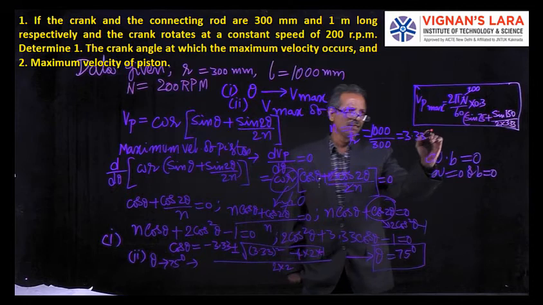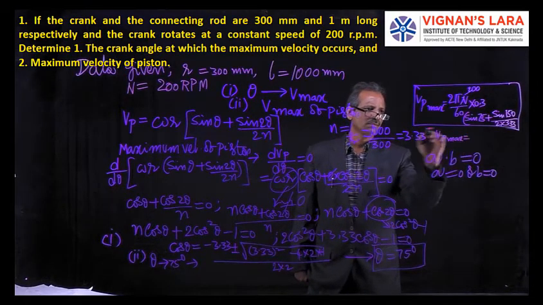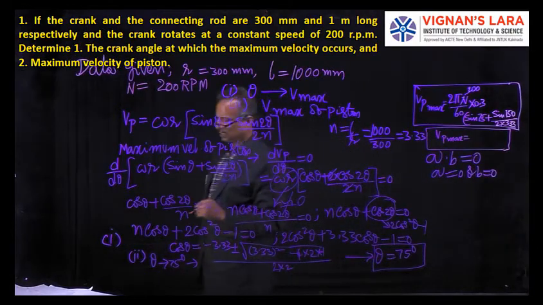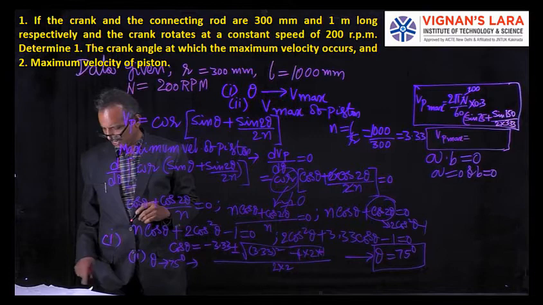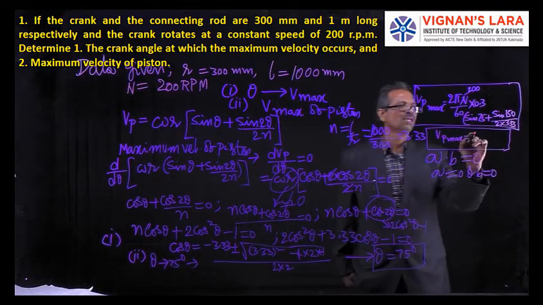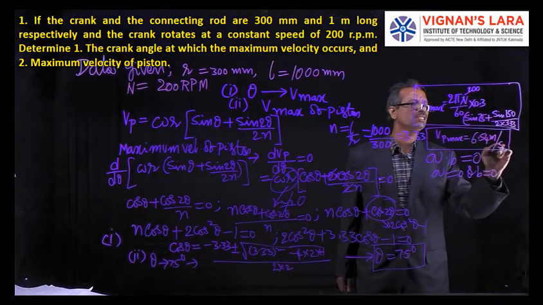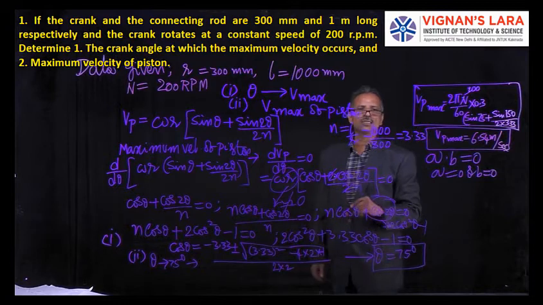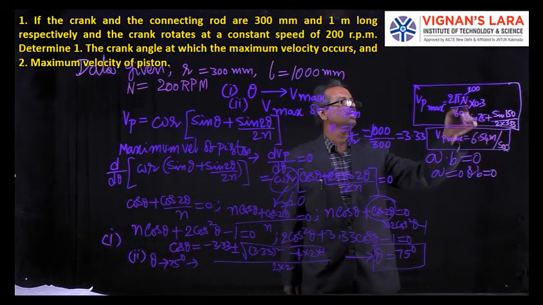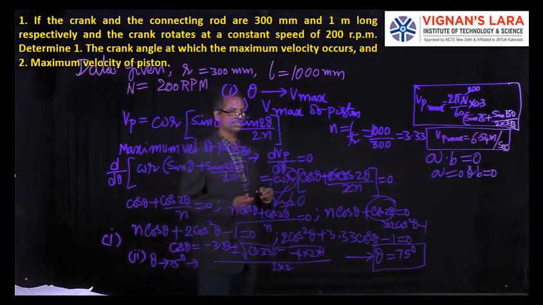You get 6.54 meters per second, because I have substituted the radius in meters. So the maximum velocity is 6.54 meters per second.